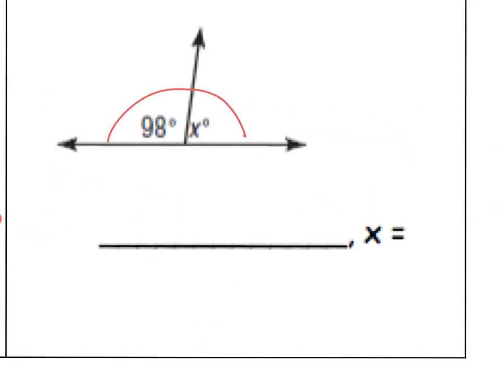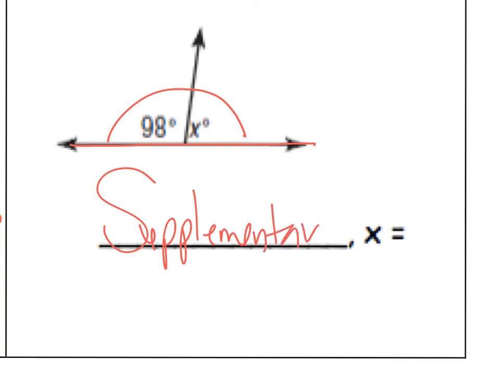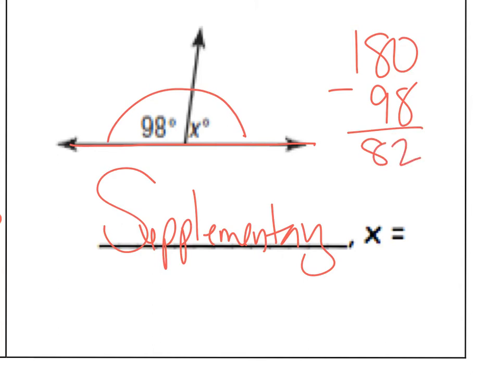Next to each other again, and they form this straight line. So that means they're supplementary. And it means they add up to 180, right? So it's 180, take away 98, which is going to give me 82. So 82 degrees is what's missing.